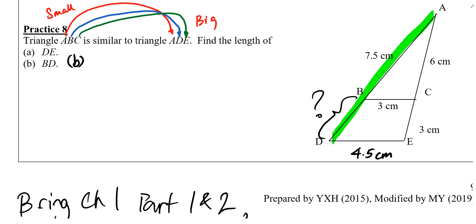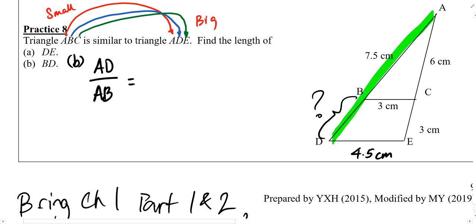Then I'll get the value, right? But then, now how do I find AD? So you must work backwards. Now I need to find AD. So AD divided by, AD is the longer side of the big triangle. What is the corresponding side to AD? AB, yes. From the name of the triangle I can tell.